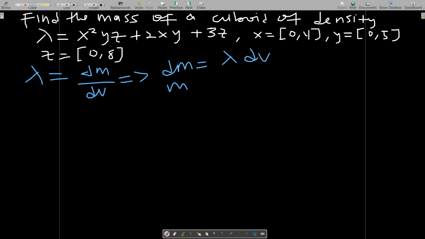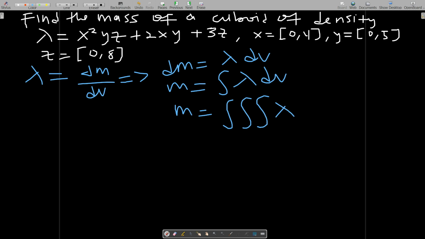So m will be equal to the integral of lambda dV, and since we are dealing with 3 dimensions, it becomes a triple integral. Then you put your lambda there, then dx dy dz.